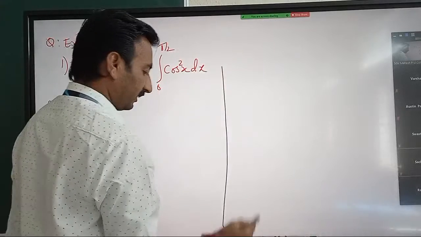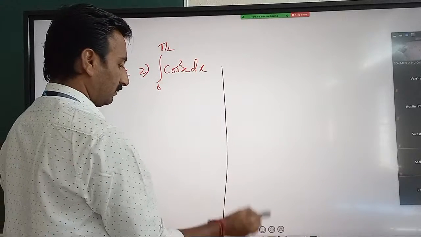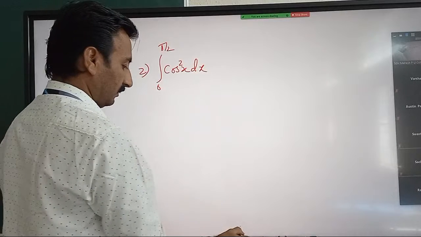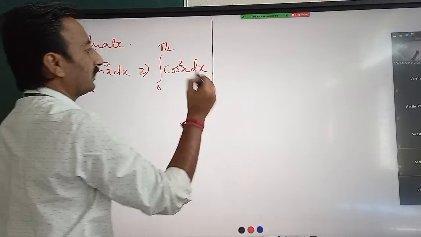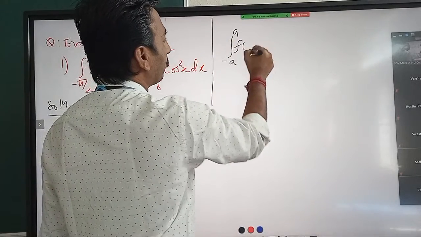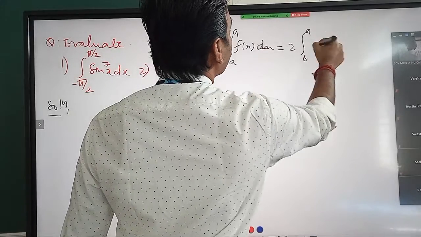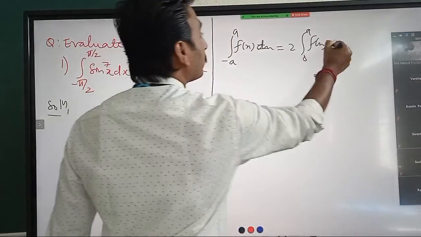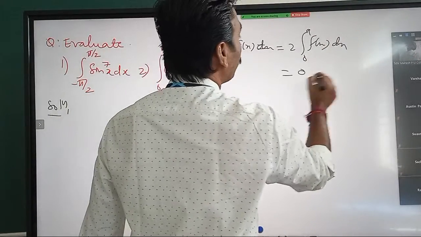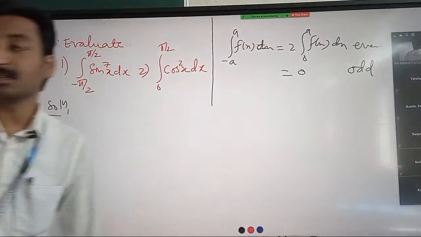You get 2 times the integral of 0 to a f of x dx for even functions, and 0 for odd functions. I hope you remember this.